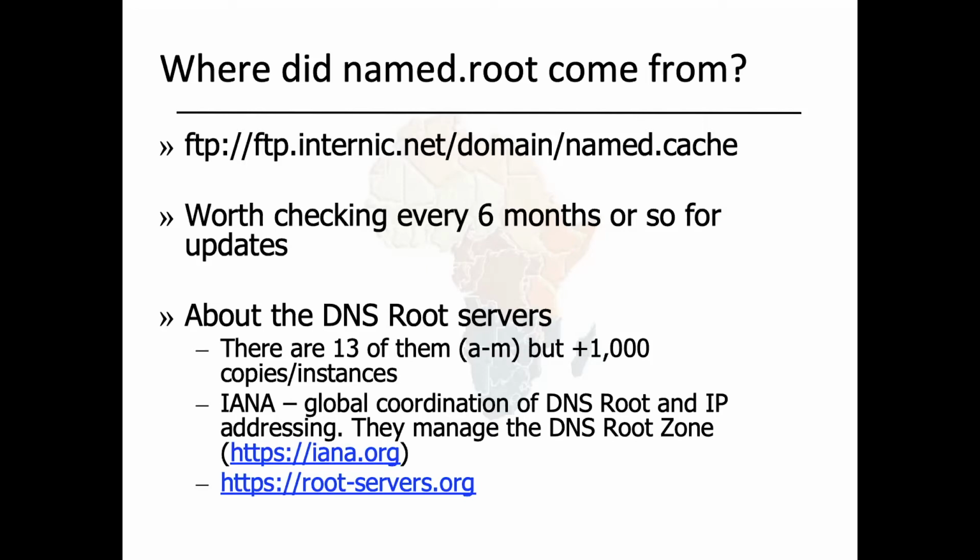We even have instances right here in Kenya, in Nairobi. I believe maybe someone on the call is managing one of them. You can go to those URLs and find more information about those root servers. But the key thing for you to understand is that there are 13 of them. Most, if not all, DNS queries that you will do on the internet will start at the root system, unless your DNS server has already cached the request that you're looking for.